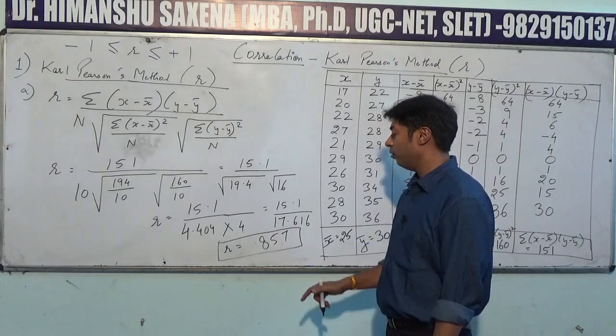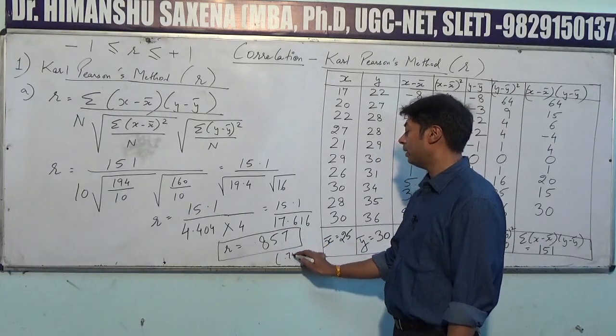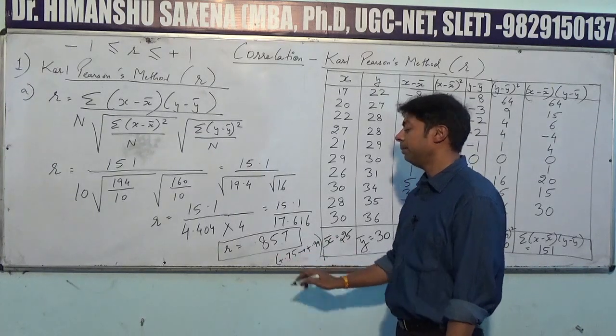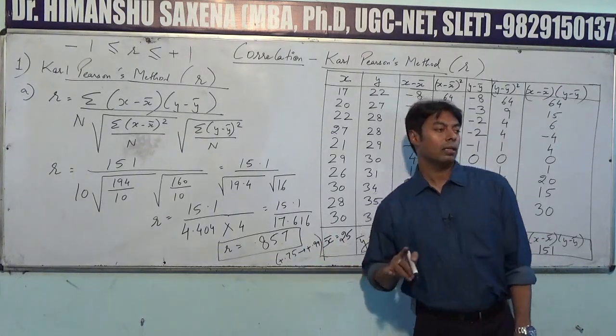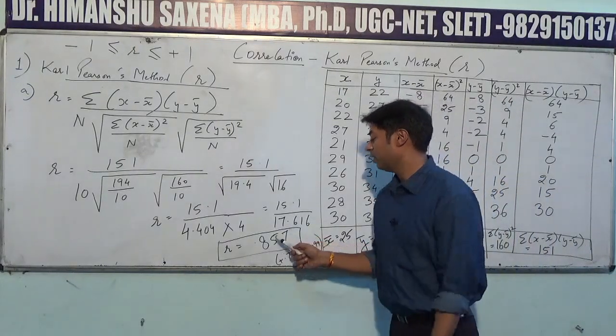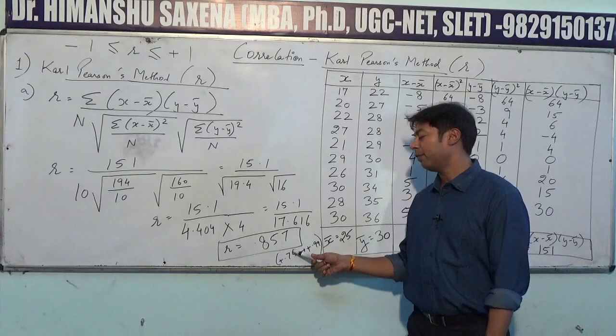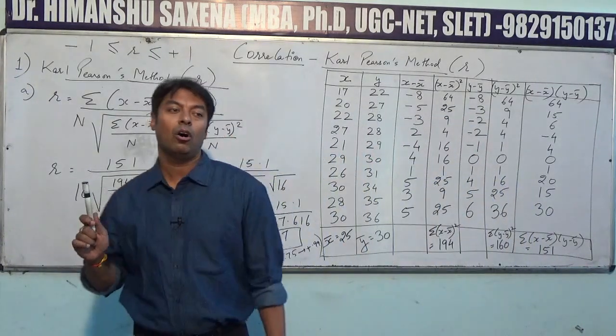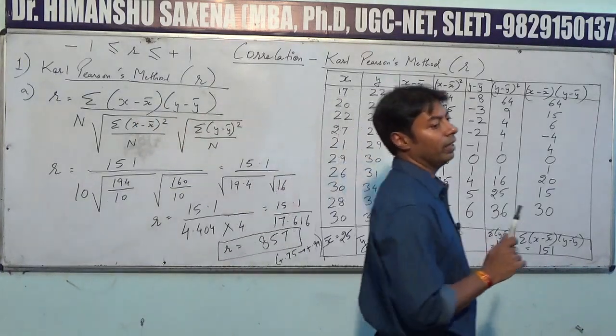Now since the value is lying between 0.75 to 0.99, we can always write down the conclusion. We can always state in our inference part that since the value is lying between 0.75 to 0.99, that means there is a high degree of positive correlation.